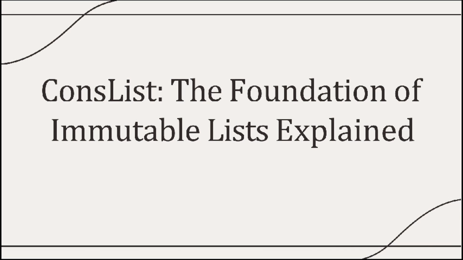A cons list is essentially a linked list where each node contains data and a pointer to the next node. Functional programming emphasizes immutability. A cons list preserves the existing list while building a new version that maintains the immutability.